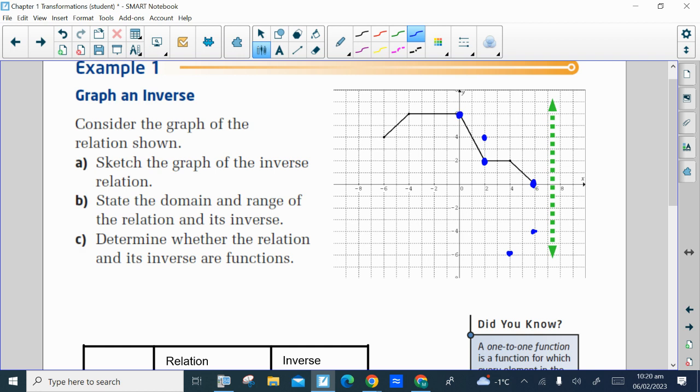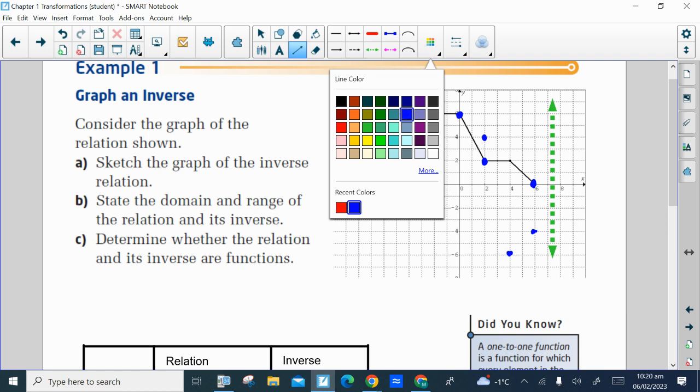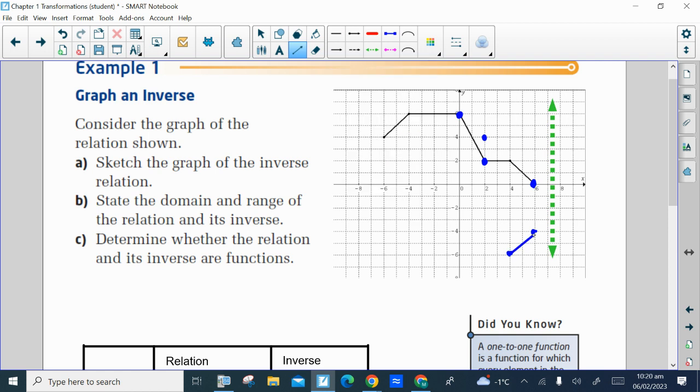That was a point on the original graph, but it is not an invariant point because the point moved to get there. So we can join all these with a series of lines. And there's the new graph.